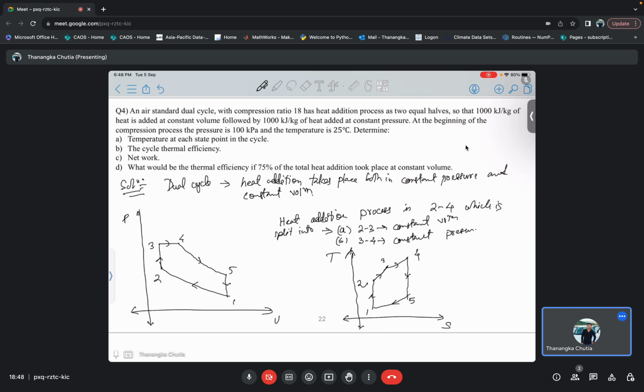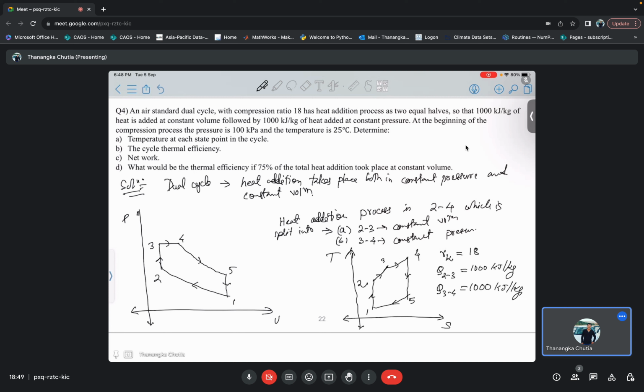Okay, now what are the things that are given to us? The compression ratio Rk is given as 18. Heat addition is split into two halves, so Q 2 to 3 is equal to 1000 kilojoule per kg, and Q 3 to 4 is also given as 1000 kilojoule per kg.